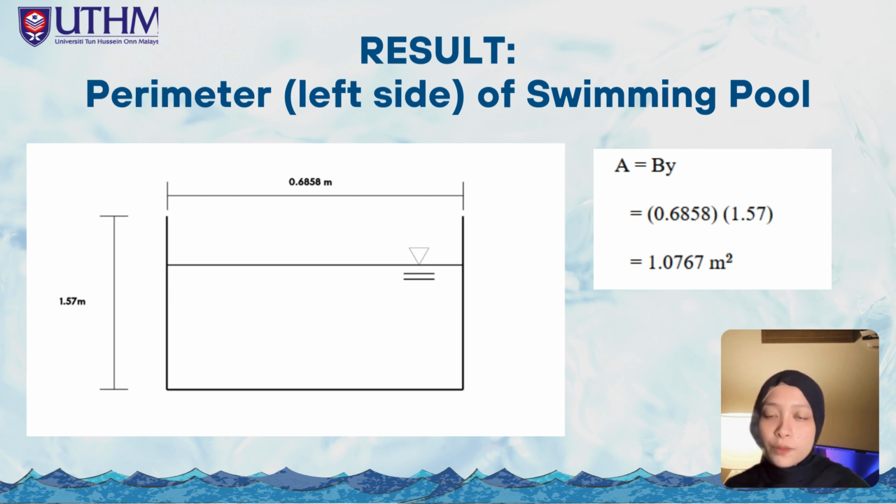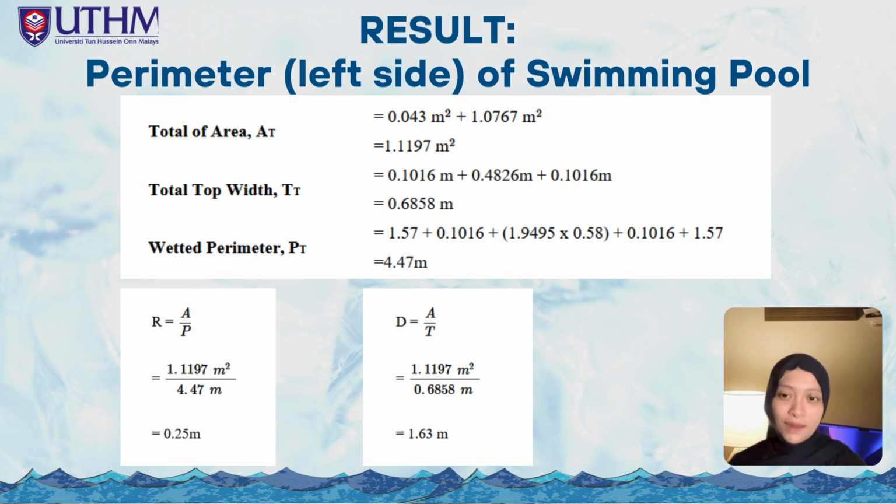This area represents the main volume of the channel when the water level reaches the upper rectangular walls. By combining the circular segment and rectangular areas, we get a total cross-sectional area of 1.1197 square meters, and the total wetted perimeter for the swimming pool left side drain is calculated at 4.47 meters.